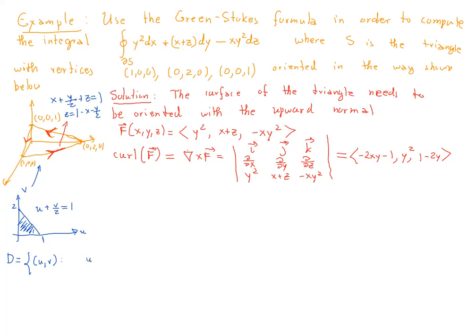So u is going to be between 0 and 1 minus v over 2. And what is the vertical range of all this? That would be for v between 0 and 2. And of course, we should write explicitly our parameterization, which is a graph parameterization, (u, v, 1 minus u minus v over 2).